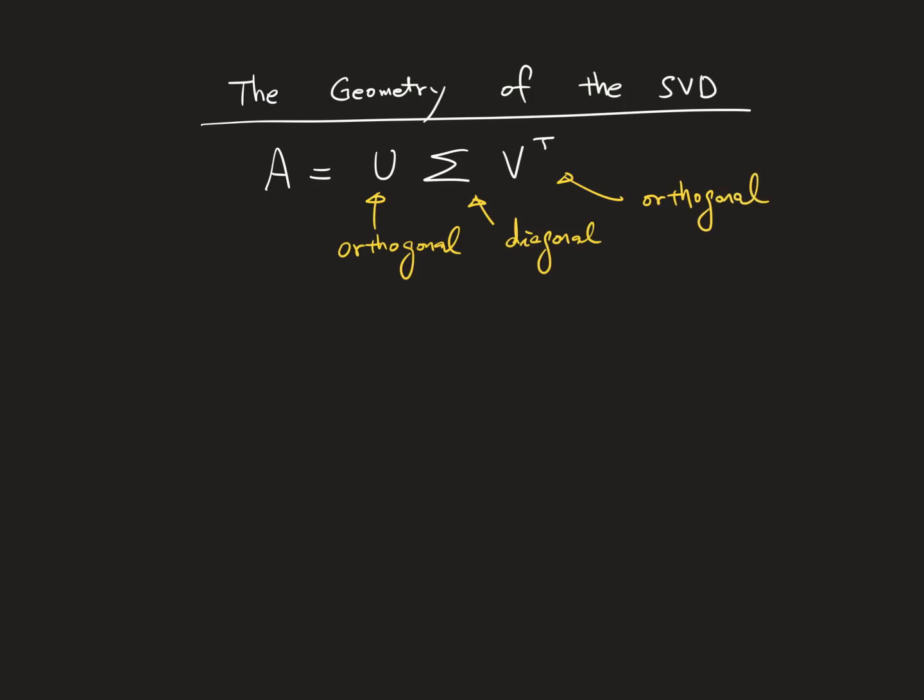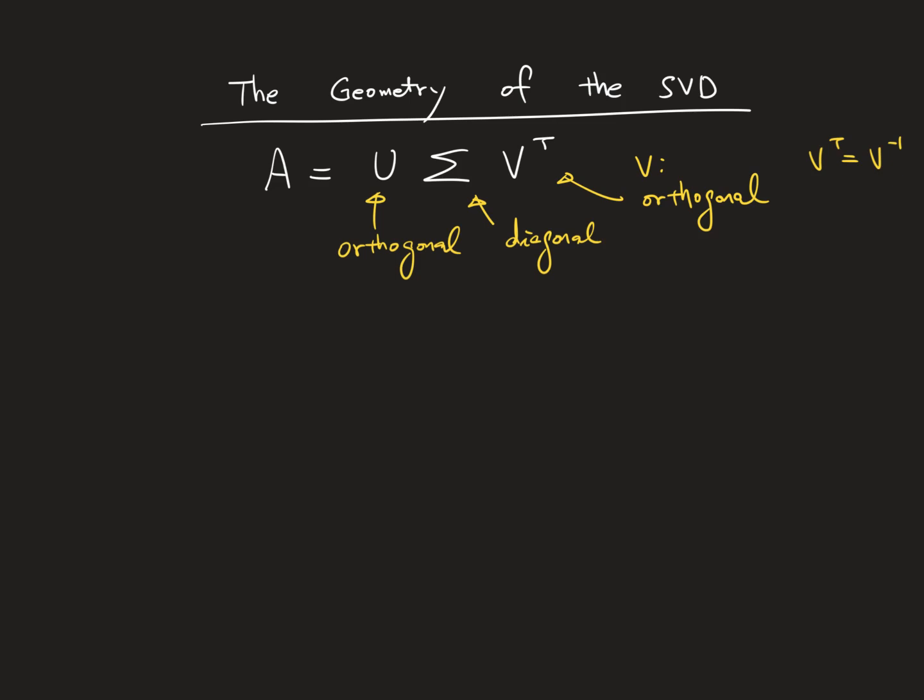Actually, V transpose is equal to V inverse, and if V is an orthogonal matrix, then V transpose is also an orthogonal matrix, because the definition of an orthogonal matrix is that the column vectors are orthonormal, but in that case the rows are also orthonormal.